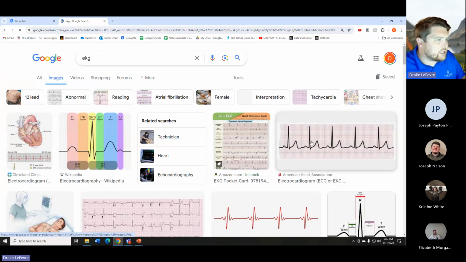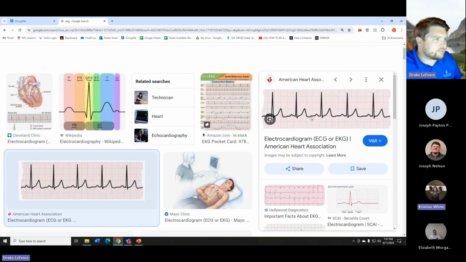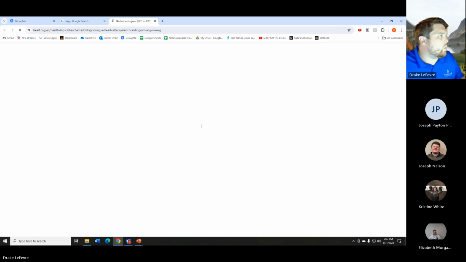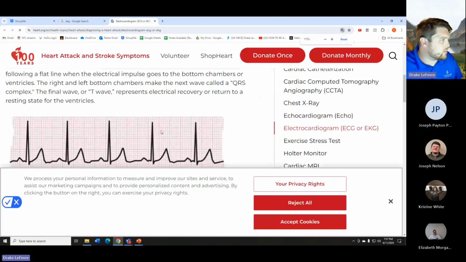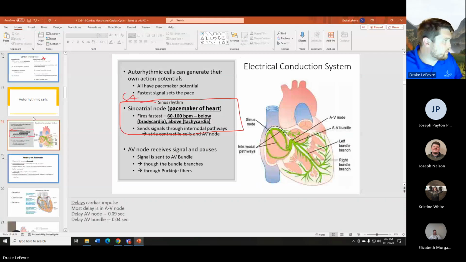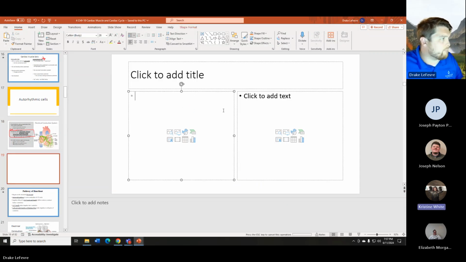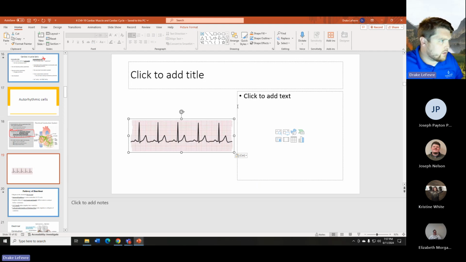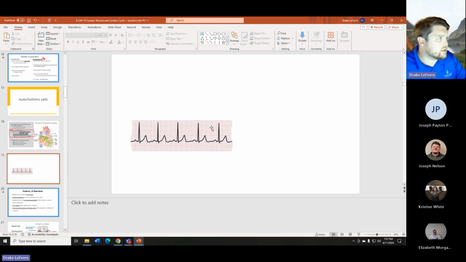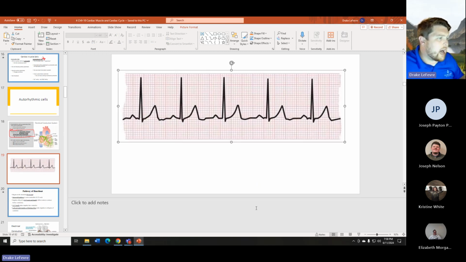So with the EKG, you have all these little tiny boxes, right? Each of these little boxes actually is a unit of time.